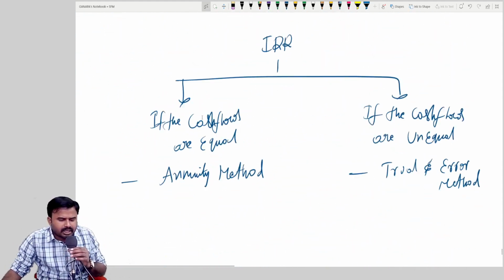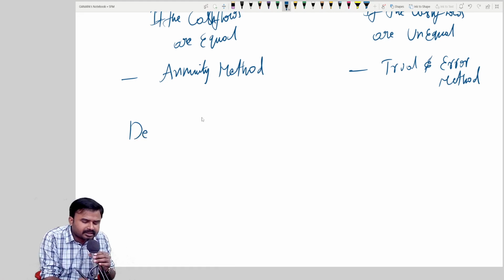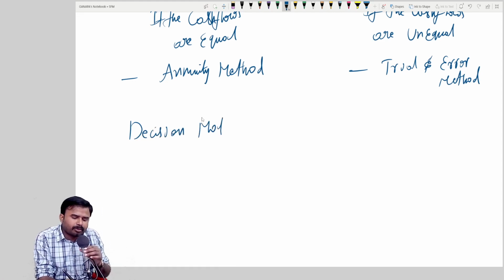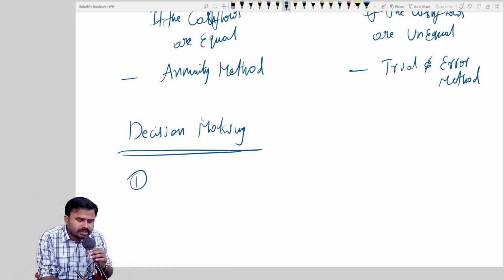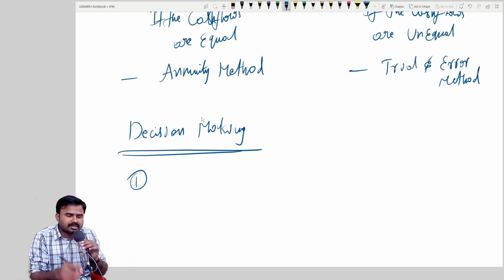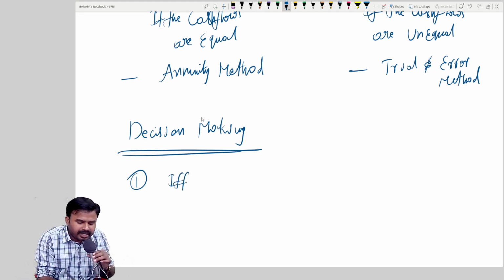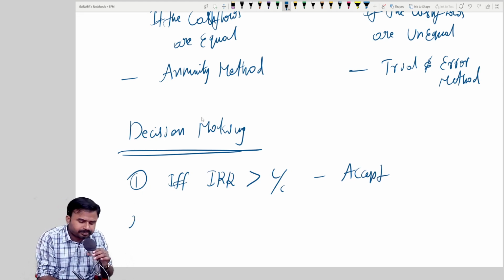Now, every capital budgeting technique must be useful for taking decisions, right? If NPV is positive, I'll accept the project. Negative, reject. Equal to 0, may or may not accept the project. In the similar way, even IRR must be useful for taking decisions. If IRR, the rate of return which is generated from the project, is more than the expected return, which is the cost of capital, then accept the project, okay?